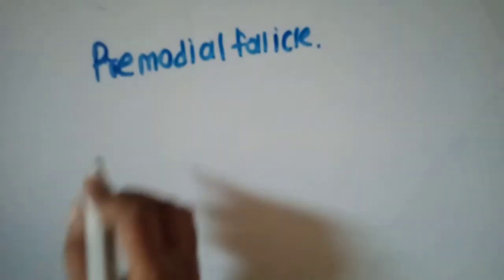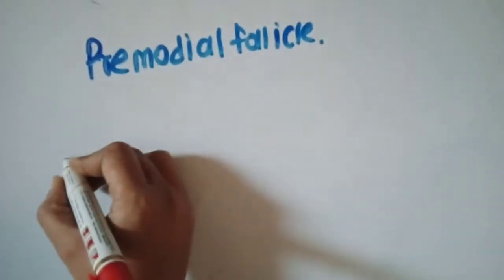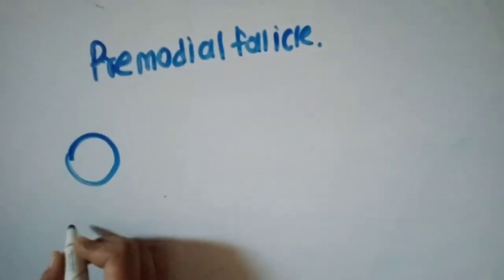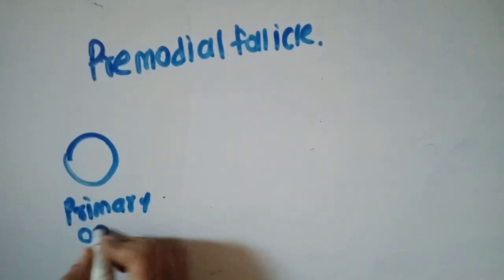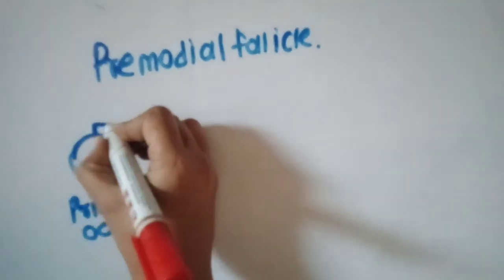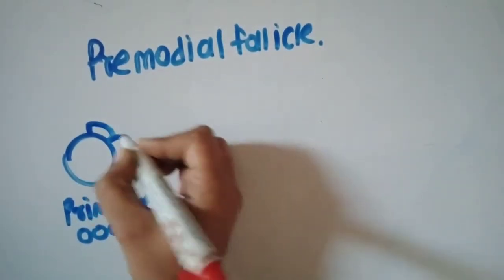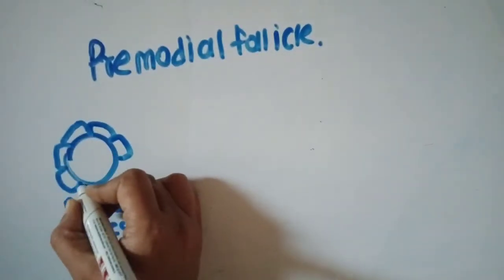The primordial follicle consists of a primary oocyte. Suppose this is a primary oocyte. A layer of flattened, squamous follicular cells is formed around it. They are all squamous follicular cells.